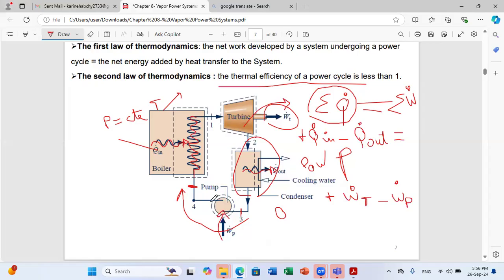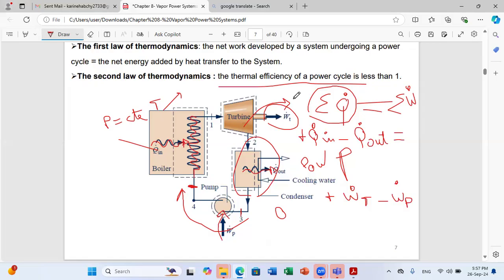Now, we should know that it's impossible to convert heat completely into work. This is the second law of thermodynamics. It's never possible to put in Q dot in and extract all of this amount at the turbine. We didn't find any cycles that can do this.